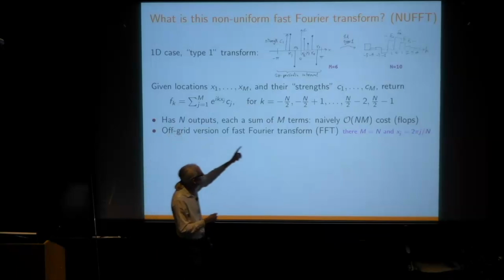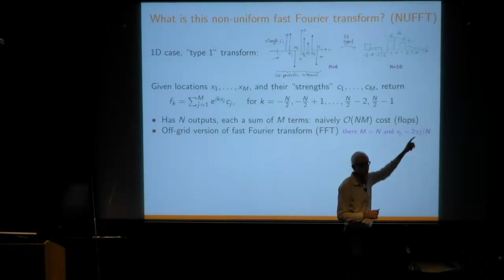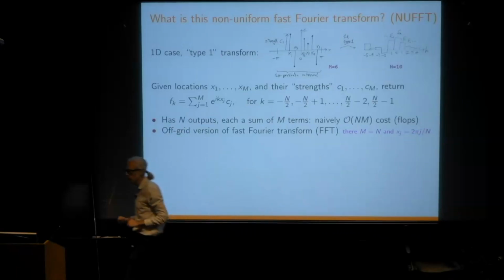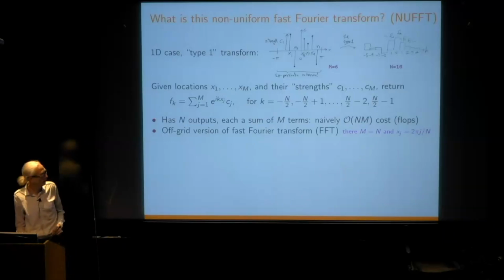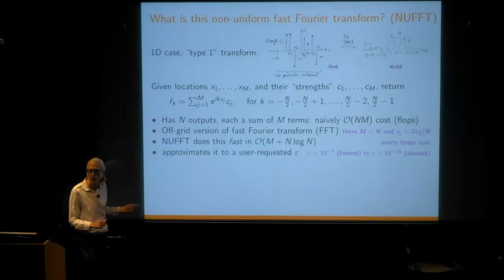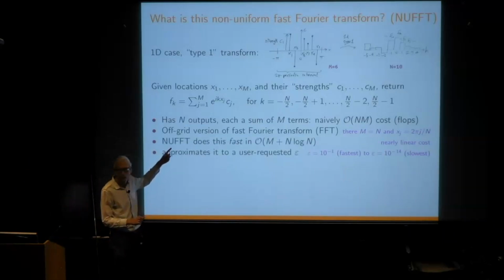And you'll notice if we happen to choose a regularly spaced grid for those non-uniform points, you recover the old FFT definition. So this is a kind of off-grid version of the FFT called the non-uniform FFT.